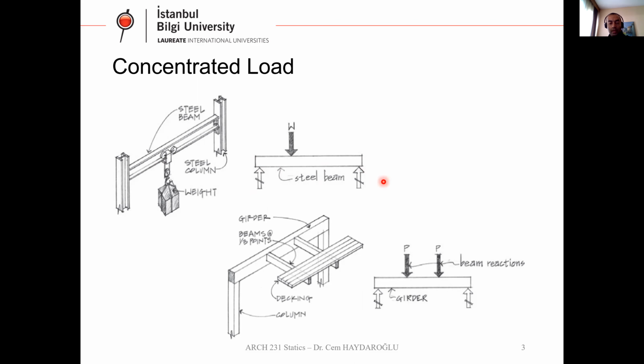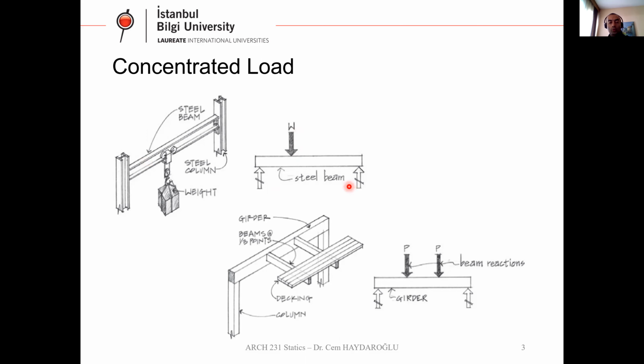These 2 arrows going up are the column supports to this beam. On top of this beam, there is a weight W. This load acts on the beam at one point. This is not a distributed load all along the beam. So this is a concentrated load.